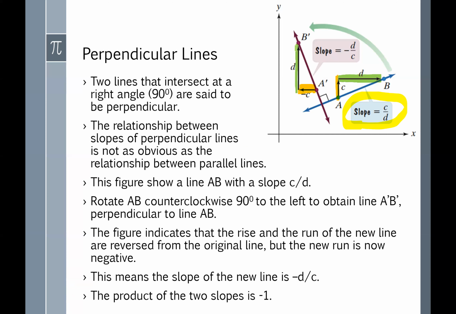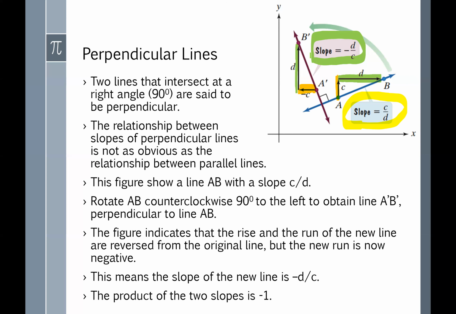So can you see the relationship between the original slope and the slope of a line perpendicular to it? What's the difference? Well, first of all, they're reciprocals of each other. So D over C is the reciprocal of C over D. And they're opposites in sign.